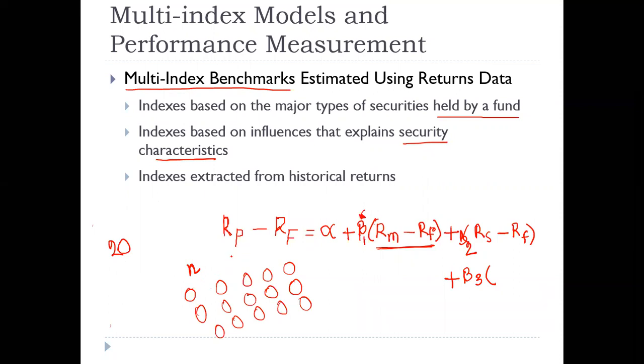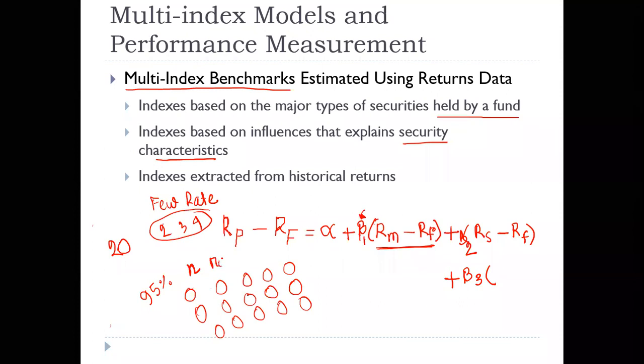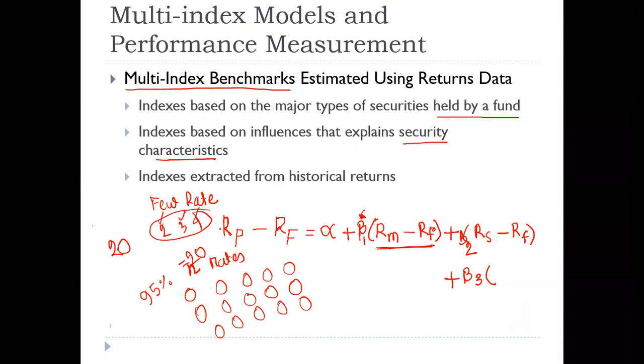It is not necessary that there should be a very high close relation, but based on their covariance analysis, it is possible to find only a few variables, say 2, 3, or 4, which can explain a very high percentage of the variation, say 95% variation of the n rates, or here n equal to 20 rates, can be explained only by 2, 3, or 4 variables.